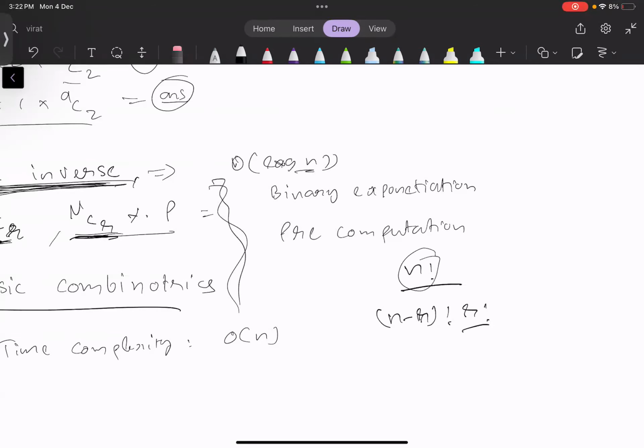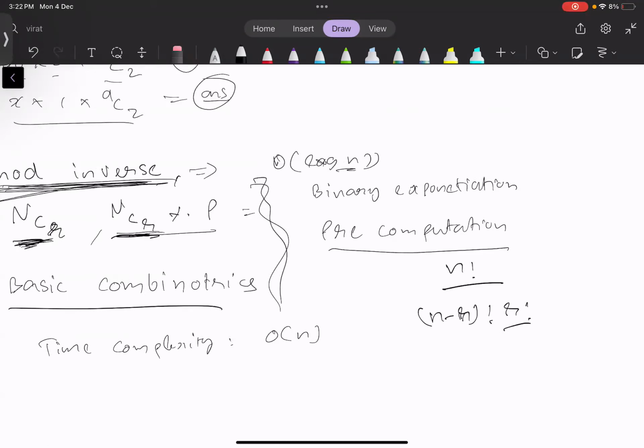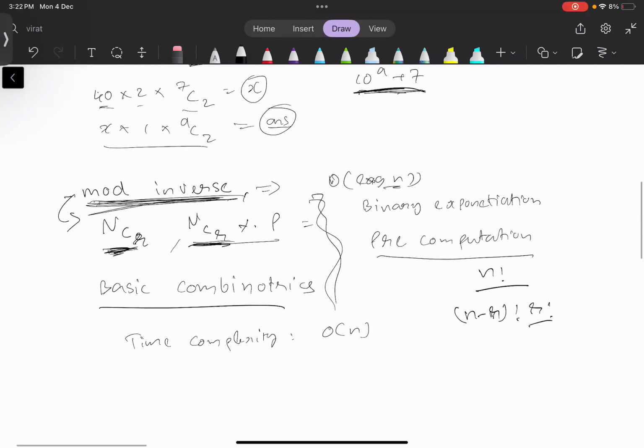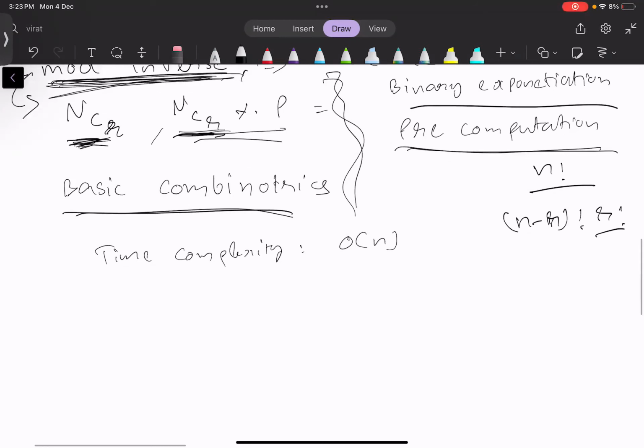We cannot calculate the factorial values every single time, so we have to pre-compute them before we go through the test cases. So pre-compute all the factorial values, and then you can find the mod inverse of those pre-computed factorial values. NCR, basic combinatorics, and binary exponentiation will all be required for this question.